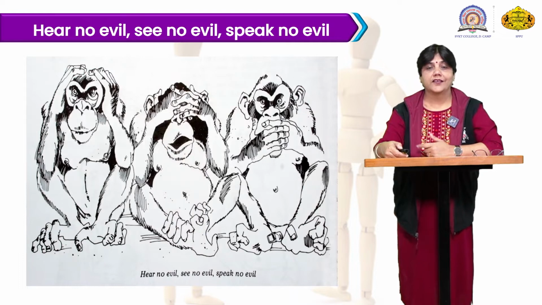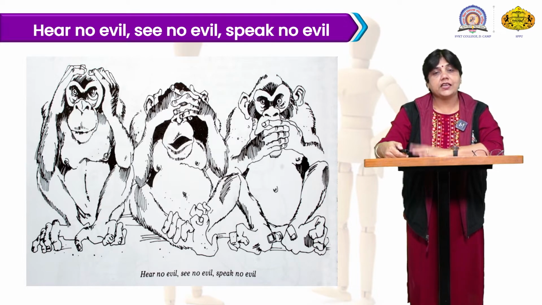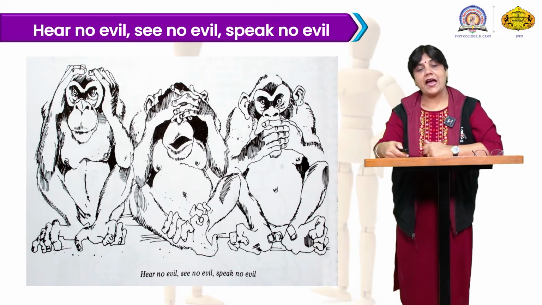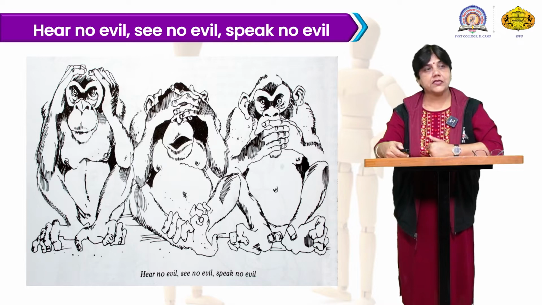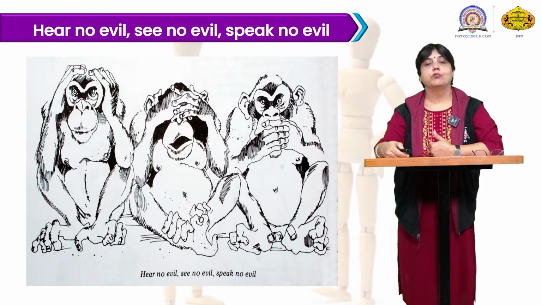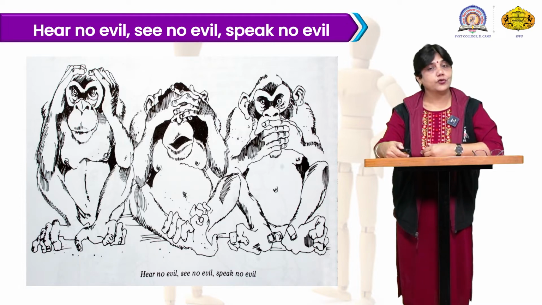Now let's see another picture, where you can see three monkeys sitting in different postures and it conveys no evil, no evil and no evil. It means hear no evil, see no evil, speak no evil. Through their body posture and gesture, they are conveying these three things to us.